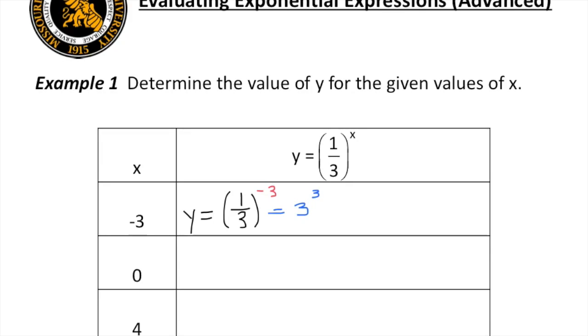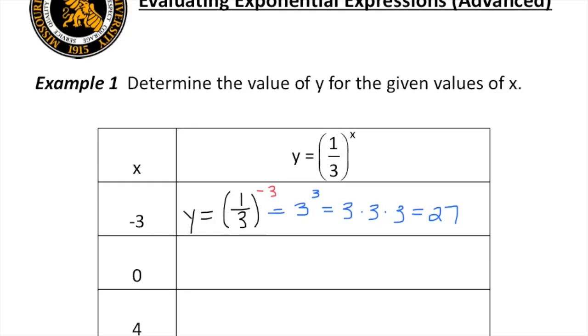The 1/3 is changed to its reciprocal, 3 over 1, or just 3. And once we've made that change, the exponent becomes positive. 3 cubed is 3 times 3 times 3, which gives us 27 as our final output.